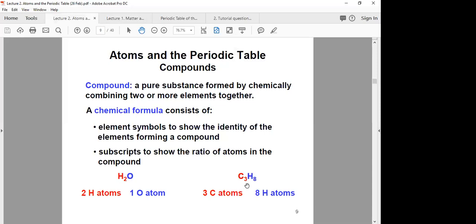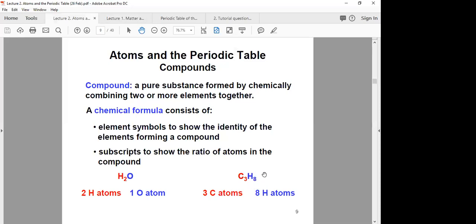Here's another example here, C3H8. That's simply telling us that in this particular molecule, there are 3 carbons and 8 hydrogens. I normally refer to them at this stage as particles, but they're correctly referred to as atoms, and we'll come to atoms in just a moment.